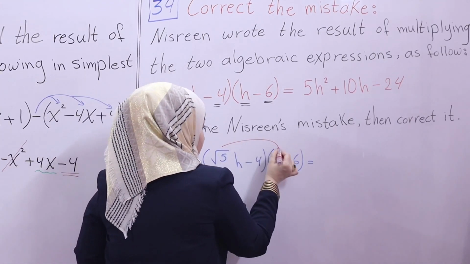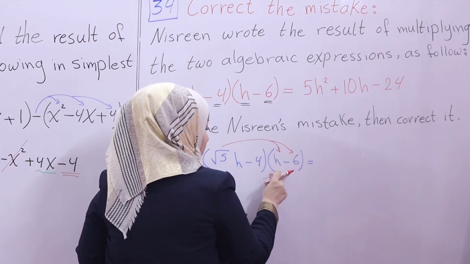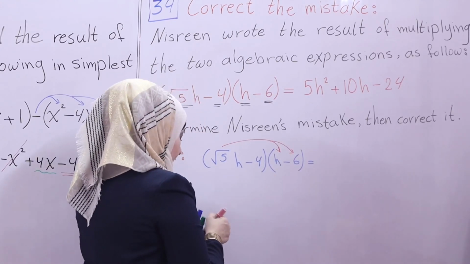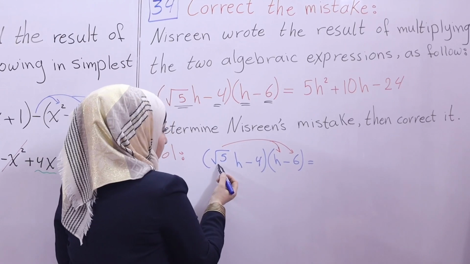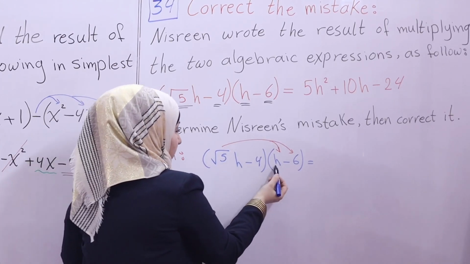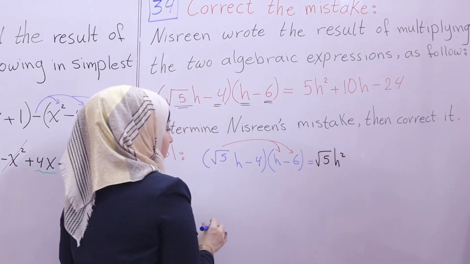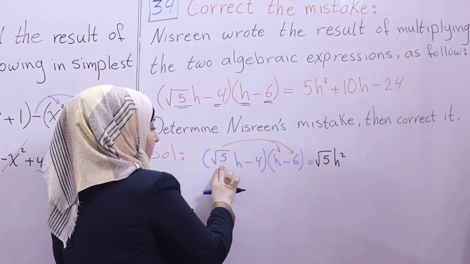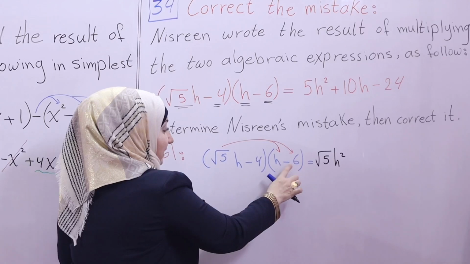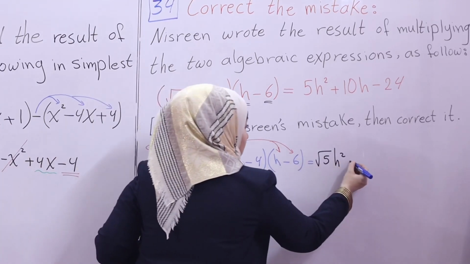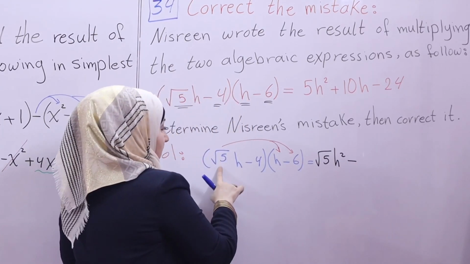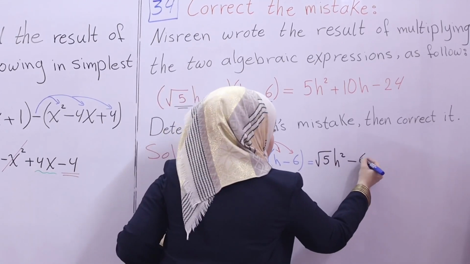So the first term will multiply by the two terms of the second brackets. So it will be square root of 5h multiplied by h will be square root 5 h squared, square root of 5h multiplied by negative 6 will be minus 6 square root of 5h.